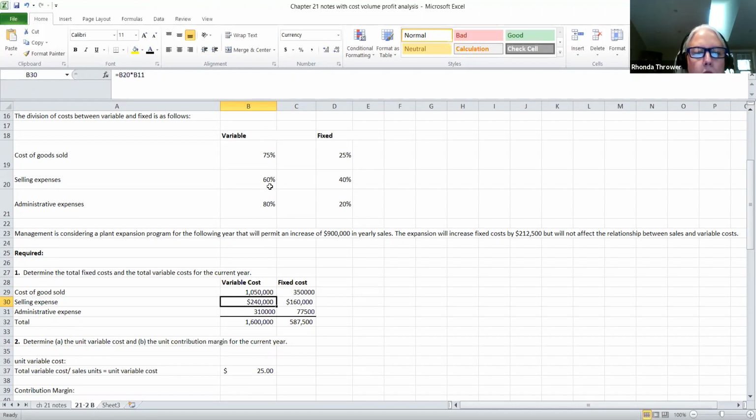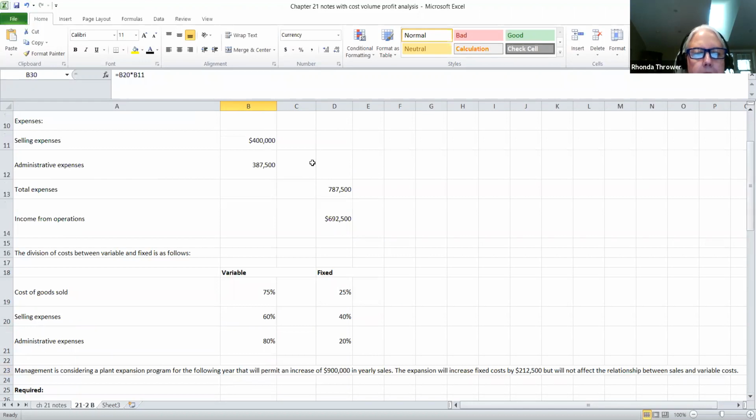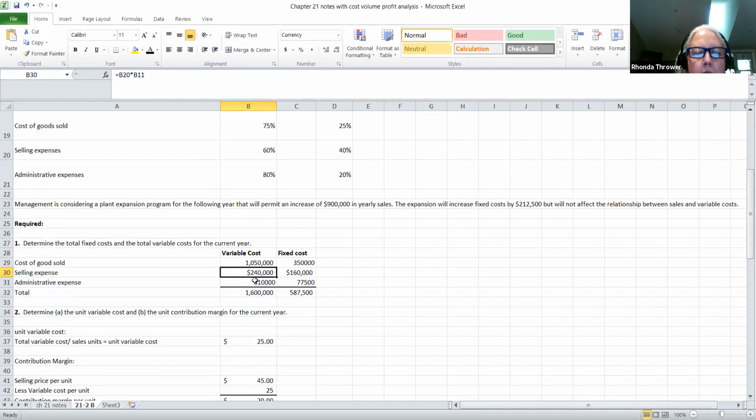That would be multiplied by the selling expenses, and that will give us our variable portion of the selling expenses. The fixed cost portion is 40% of the selling expenses. So 40% times the selling expenses will give you your fixed cost portion.